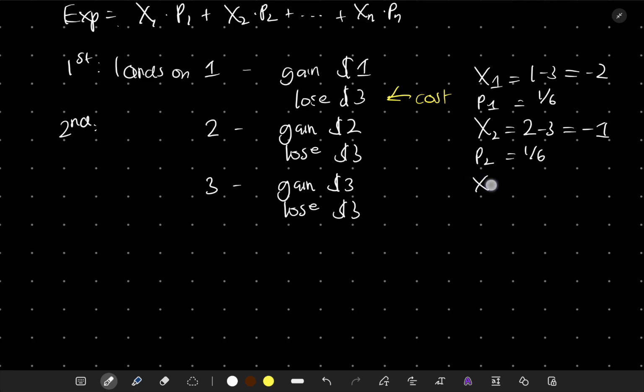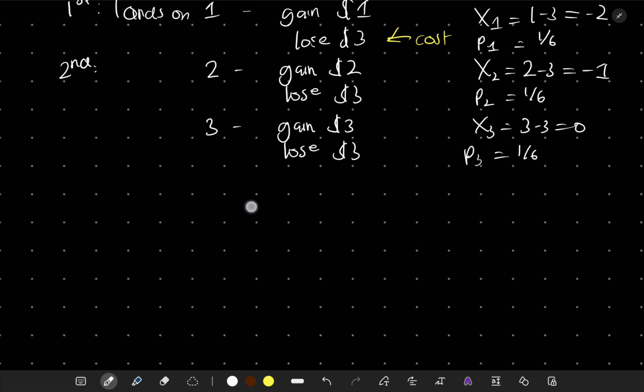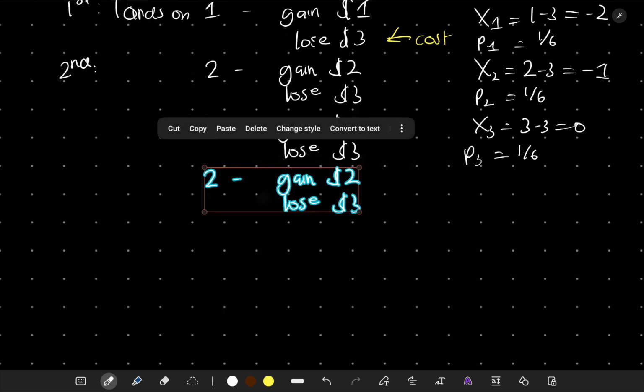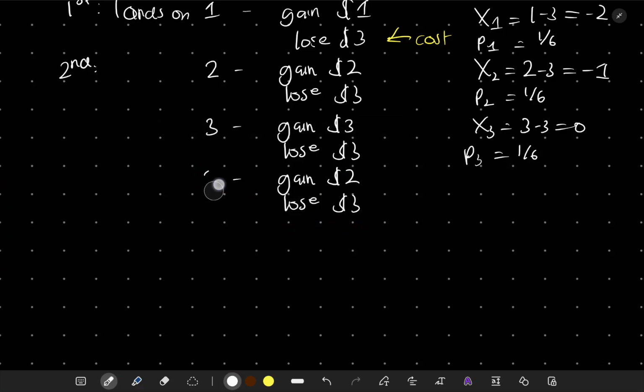So x3 would be 3 minus 3, which is 0. The probability of getting 3 is still 1/6. I do it again, but this time for 4. I gain 4, I lose 3. x4 is equal to 4 minus 3, which is equal to 1. P(4) is equal to 1/6.